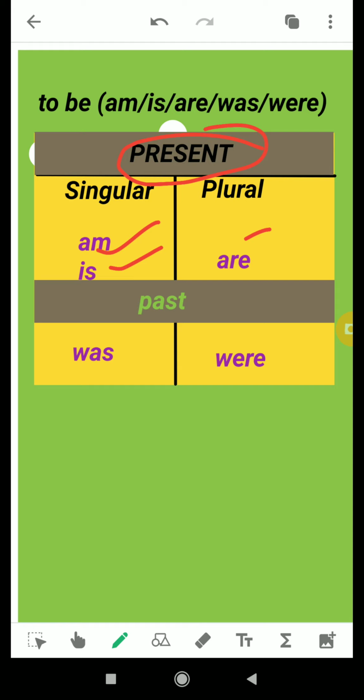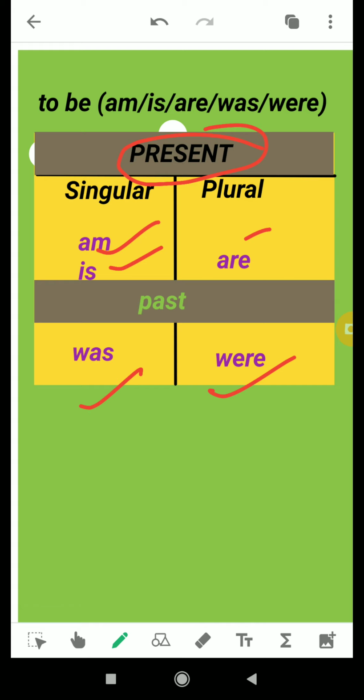Next we have the past ones. In the past, we know that was and were. Among these, see singular and plural. Why have I categorized these among singular verbs and plural verbs? As I told you before in the previous class, while we were learning subject and predicate, I told you that we always choose a verb according to the subject.